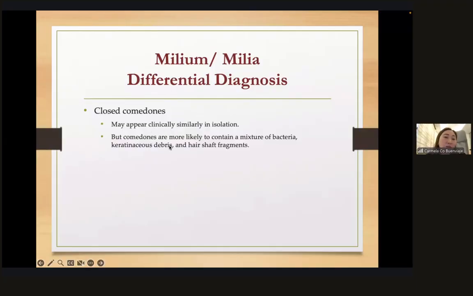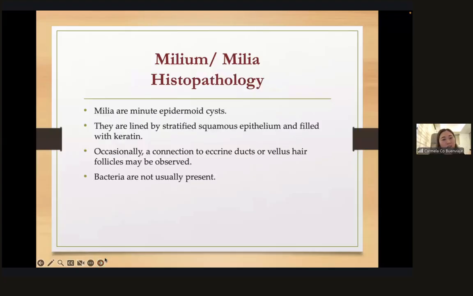So they are two different entities. For histopathology, milia are actually minute epidermoid cysts. If a biopsy is taken and checked, they are lined by stratified squamous epithelium and filled with keratin. Occasionally, a connection to the eccrine ducts or villous hair follicles may also be observed, and bacteria are not usually present in milia.